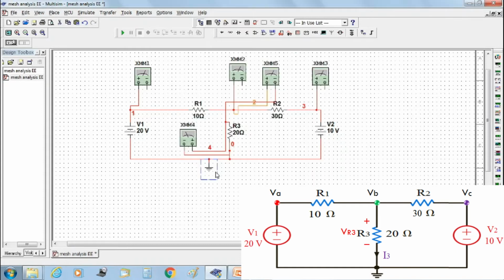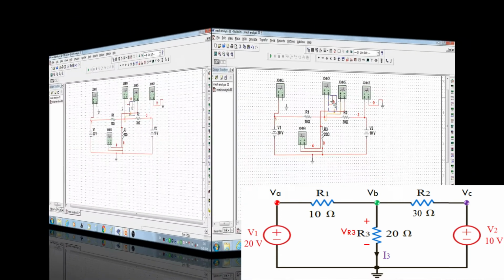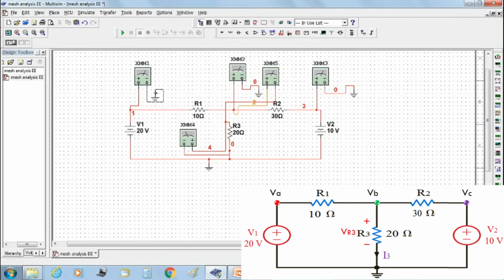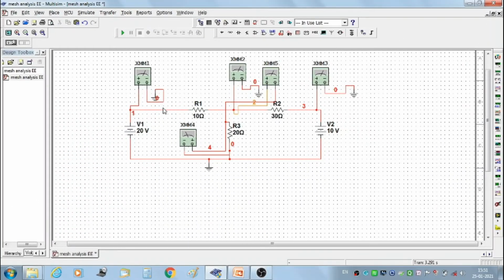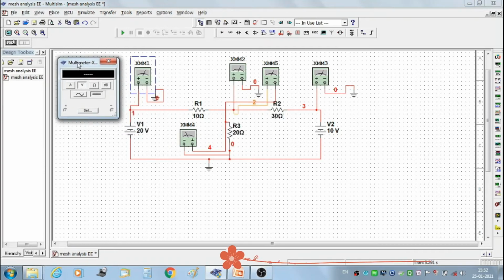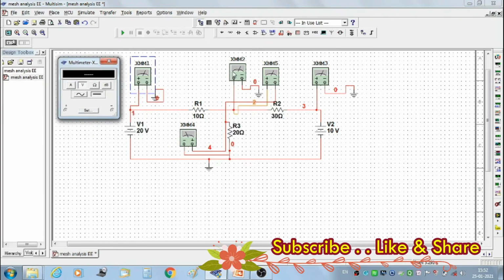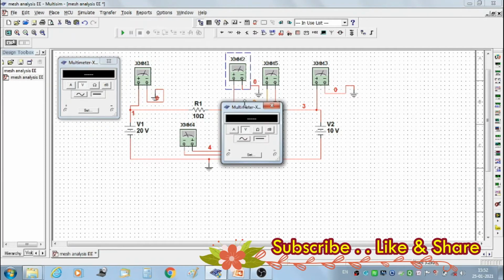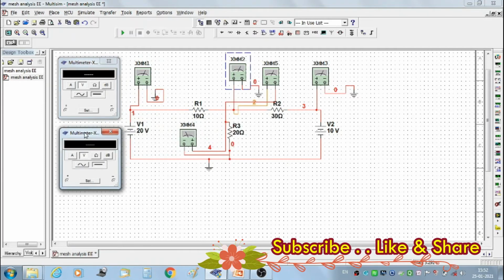Then connect the negative terminal of multimeter 3 to the ground, multimeter 2 to the ground. Similarly, multimeter 1 to the ground. Then double click on multimeter 1, it shows its display window. Similarly, double click on multimeter 2, it shows its display window.